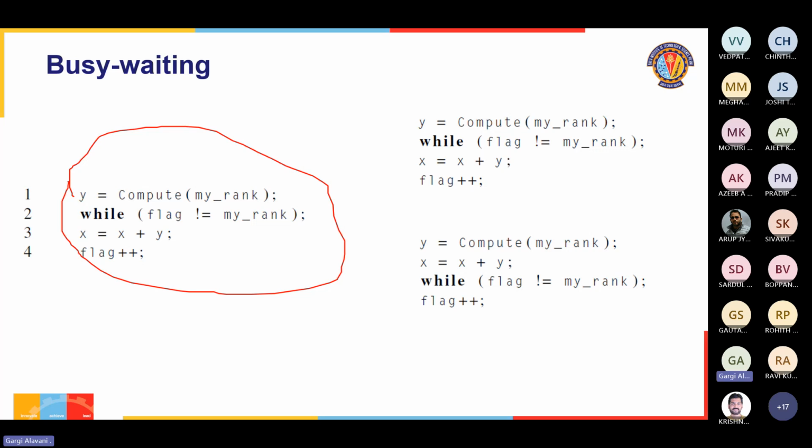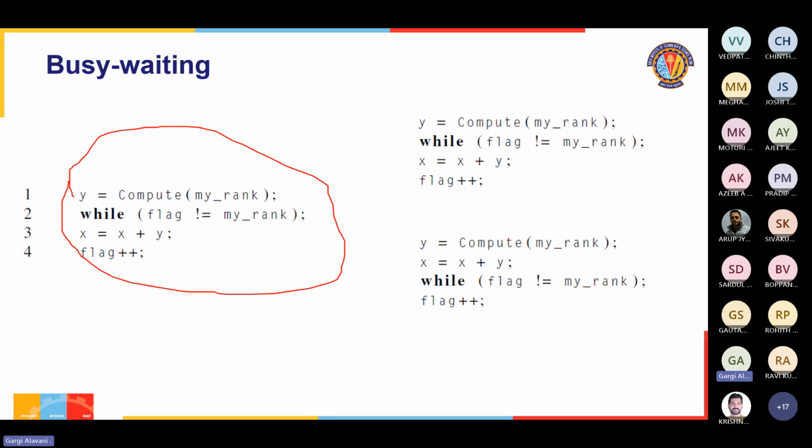When the test is false, thread 1 will go on and execute x is equal to x plus y. Since we are assuming that the main thread has initialized flag to 0, thread 1 won't proceed to the critical section in line 3 until thread 0 executes the statement flag plus plus.